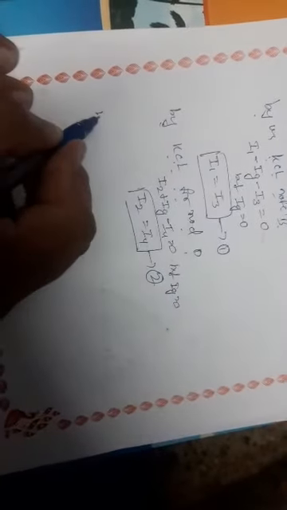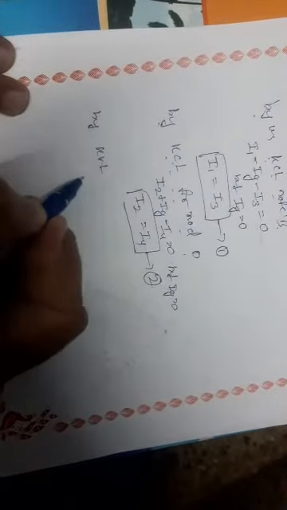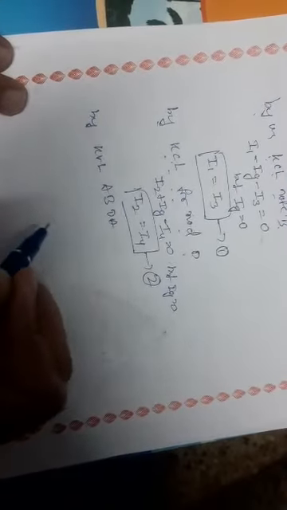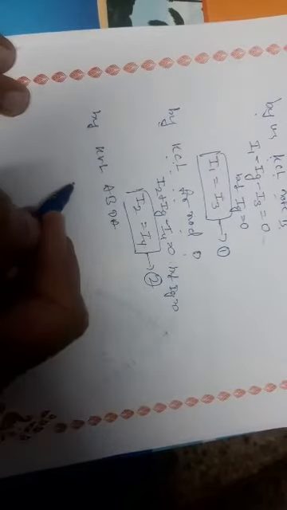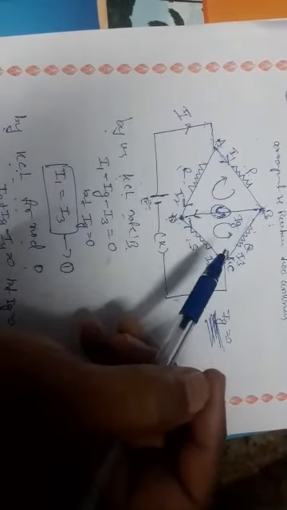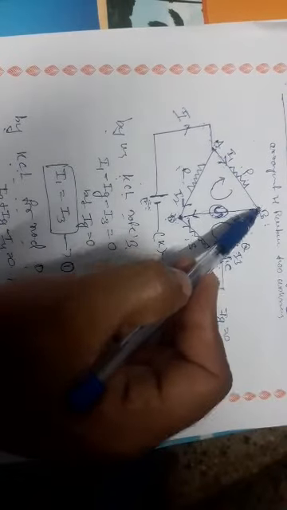Next, the third step is using the Kirchhoff voltage law for the loop ABDA. See in this diagram, ABDA is one loop. Imagine the point B, a converging current.